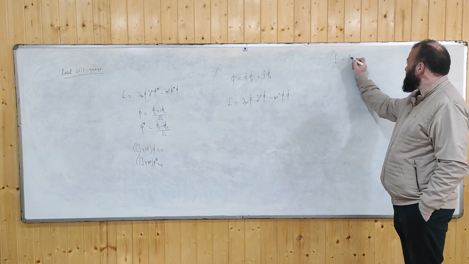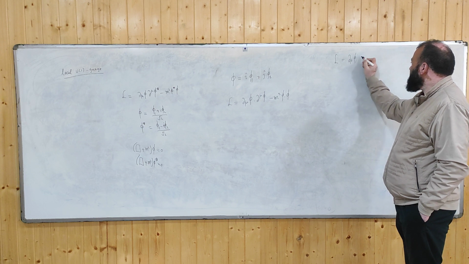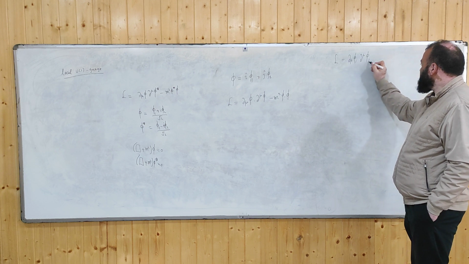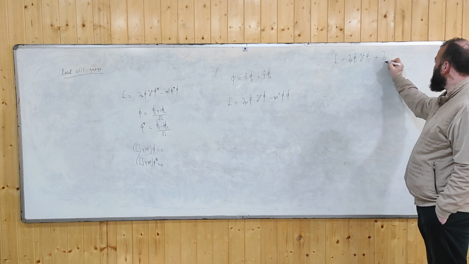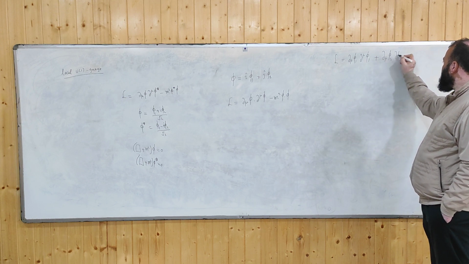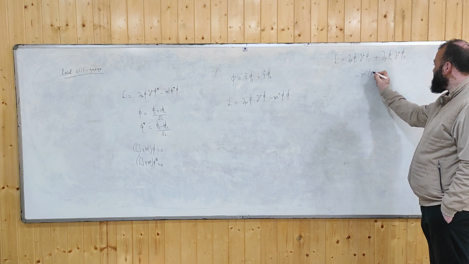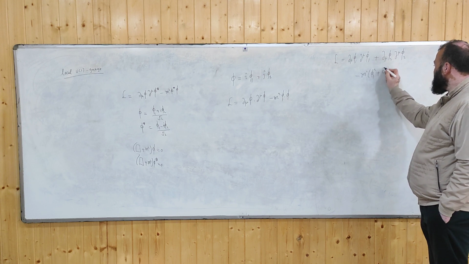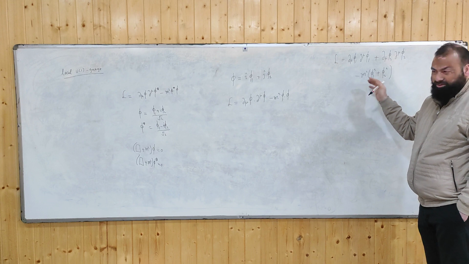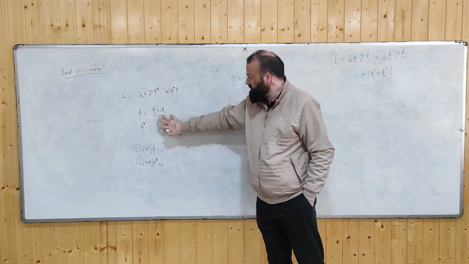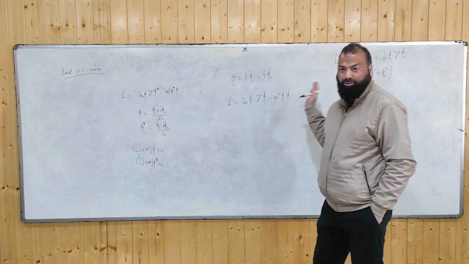Okay. So you are having ∂_μ φ1 ∂^μ φ1 plus ∂_μ φ2 ∂^μ φ2, minus m² (φ1² + φ2²). Clear? So when you use these objects here, what you will get? Sum of two Lagrangians. Clear?